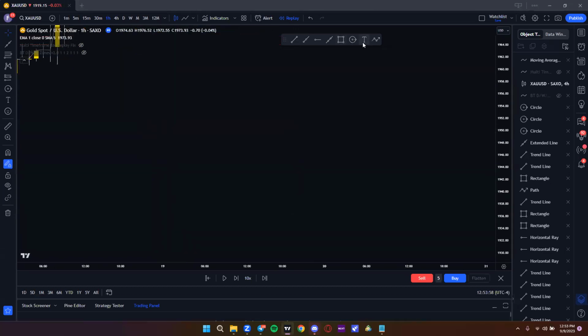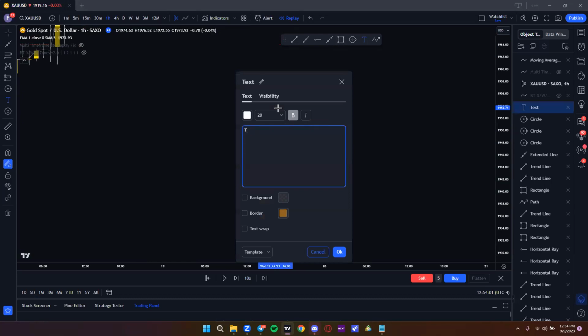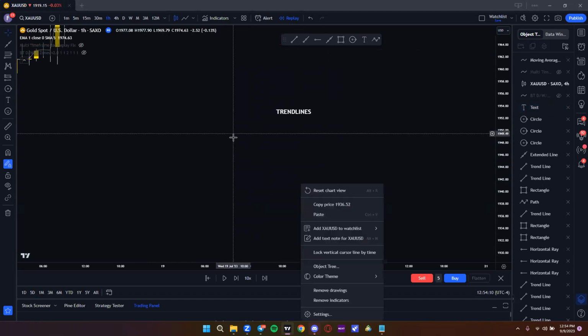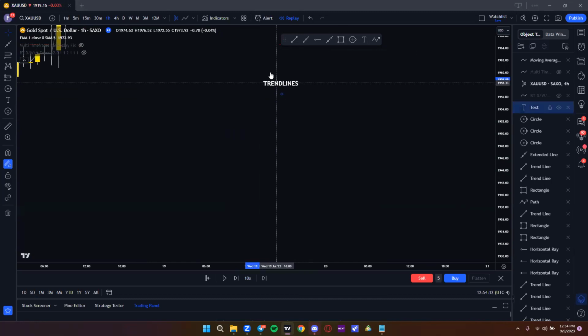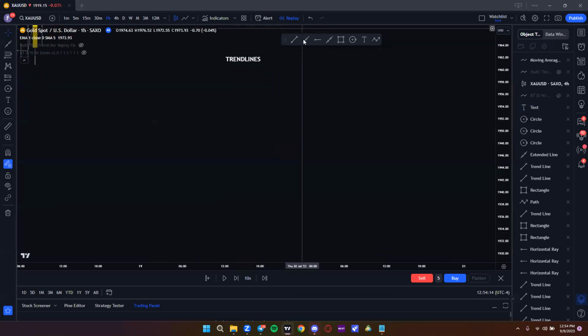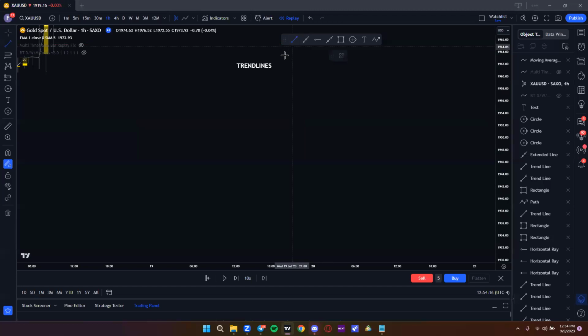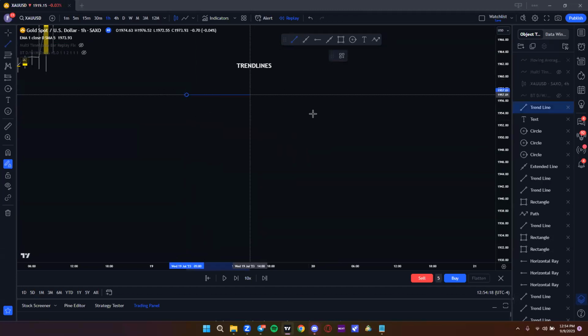So trend lines, there's five trend lines, I believe. Off the top of my head, I can remember there's five signature trend lines that we use. And there are only two main basic rules for trend lines.